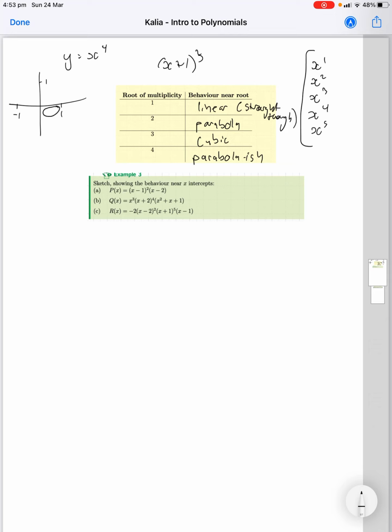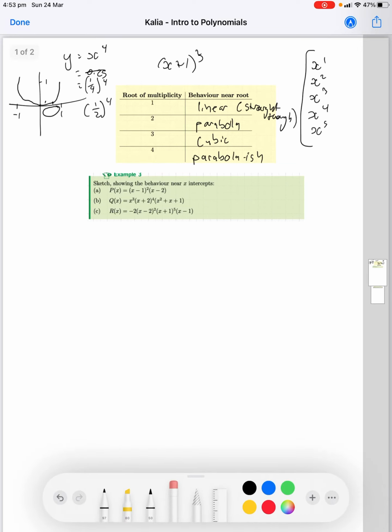When we look at these decimals, 0.5 to the power of 4 is a really, really small number, 1 over 16. And 0.25, or 1 over 4, to the power of 4 is 1 over 256. So we can see that it goes slow, and then it just shoots up, and it works like that for the negative. So the graph ends up looking a little bit funky. It behaves like a parabola, but not directly. We can use this to help us graph things really quickly and easily.